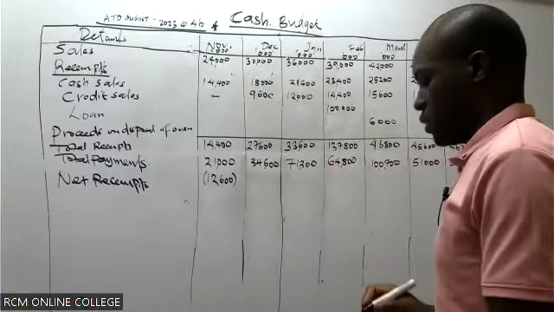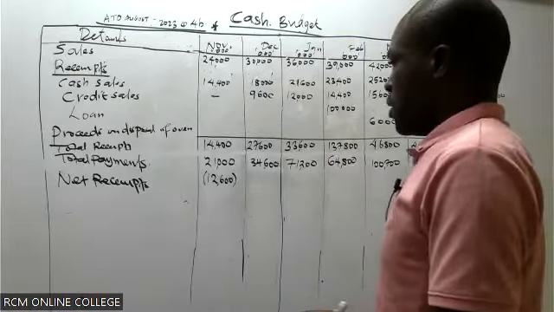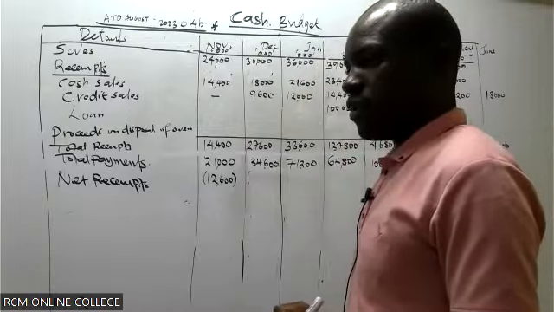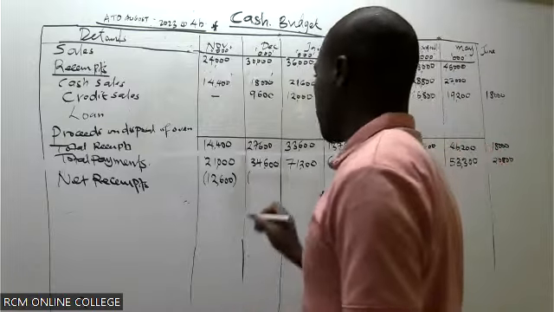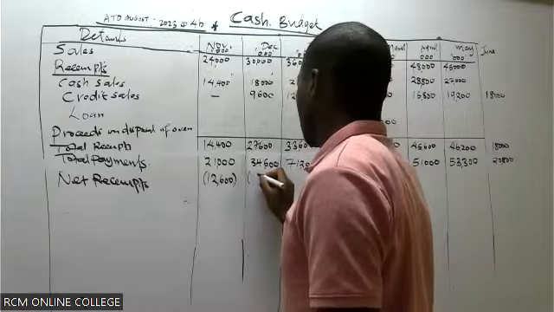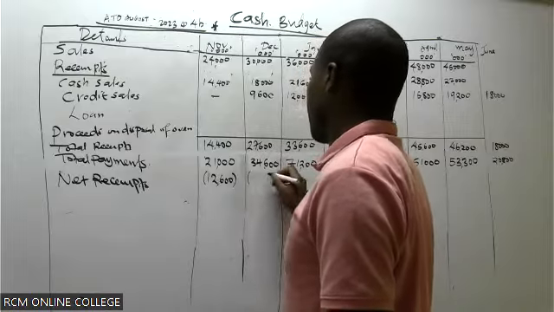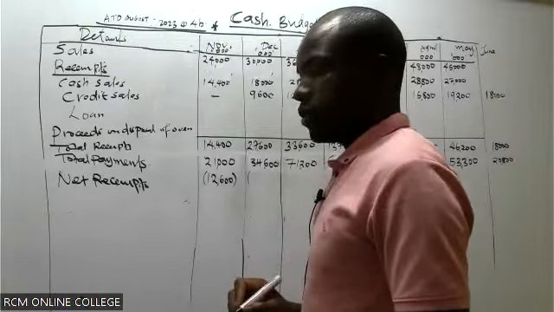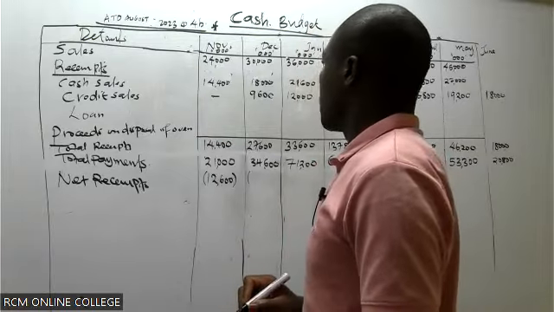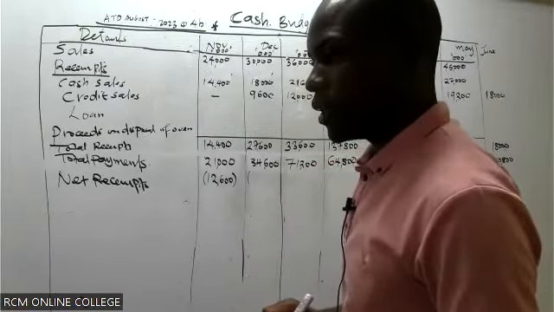How about this? How about 27,600 minus 34,600? Is it 7,600? This is 27 minus this. Somebody is lying to me.